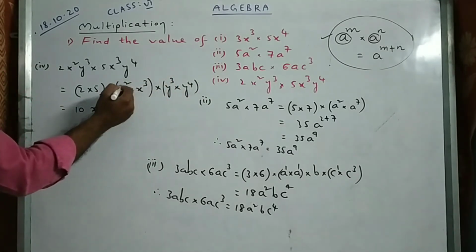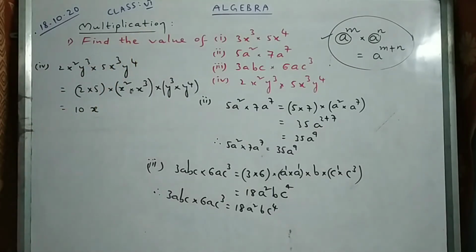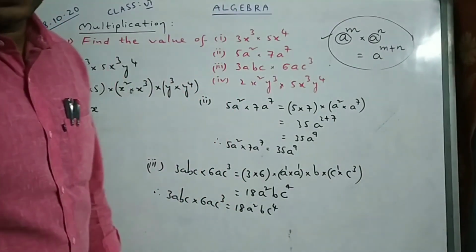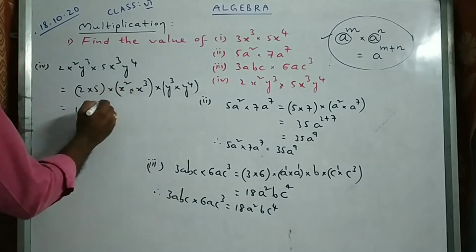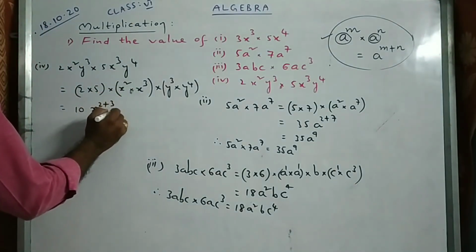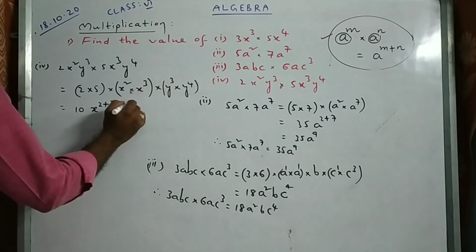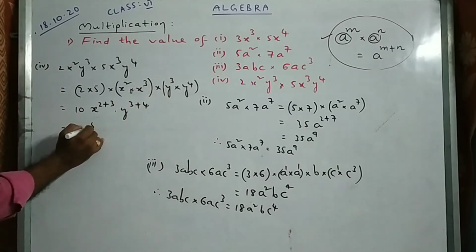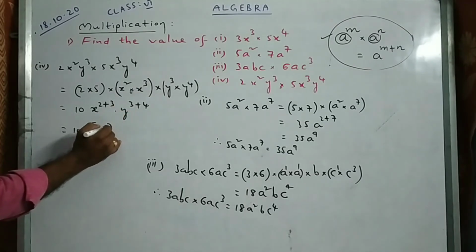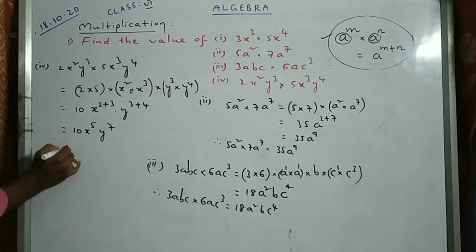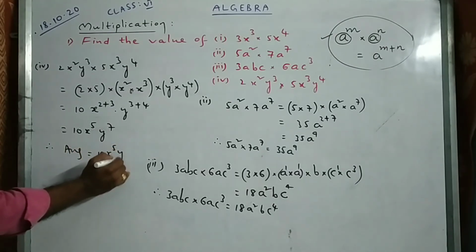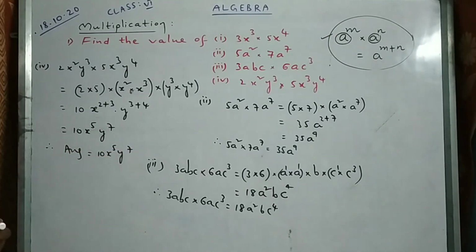X to the power, we can add the powers. As I told you here, product law: a power m into a power n equal to a to the power m plus n. So 2 plus 3 we can write. Y to the power here we have 3 plus 4. So 10 x to the power 5, y to the power 7. Therefore the answer is 10 x to the power 5, y to the power 7.